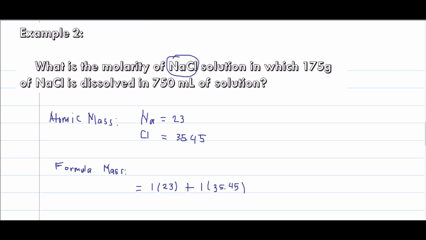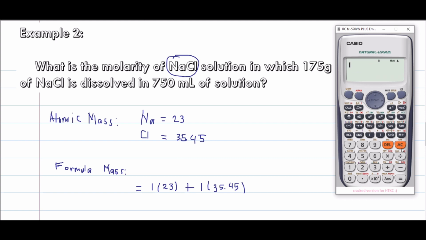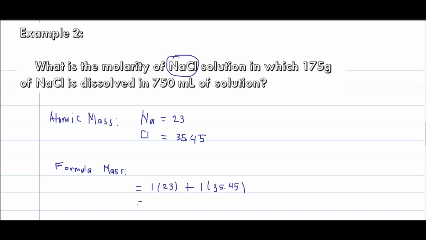By calculator, 23 plus 35.45 is equal to 58.45. The unit here is grams per mole.